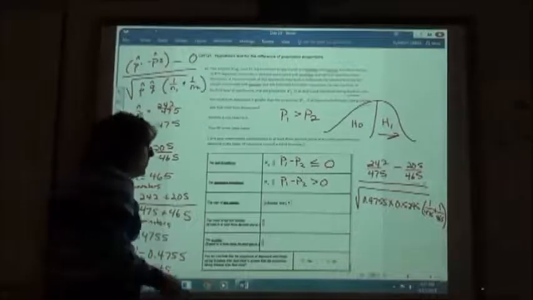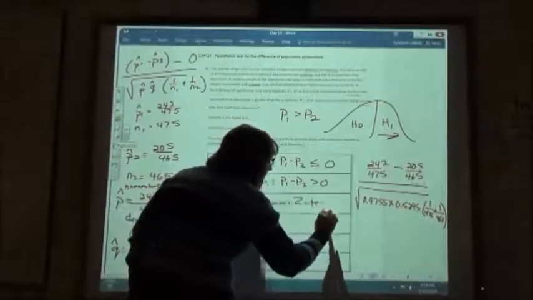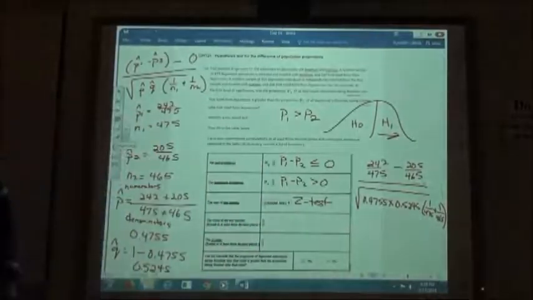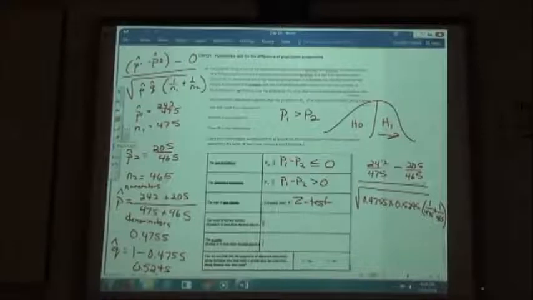I forgot to do the type of test statistic. This is a z-test that we're doing when we do the proportion problems. So now we get to punch that into our calculator. 242 over 475 minus 205 over 465.